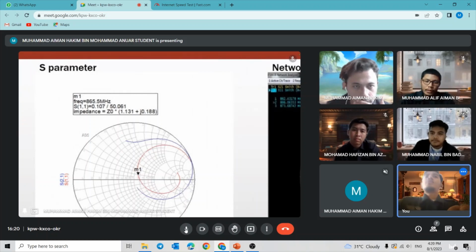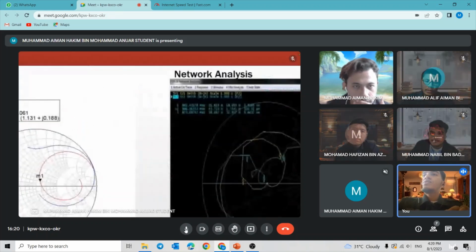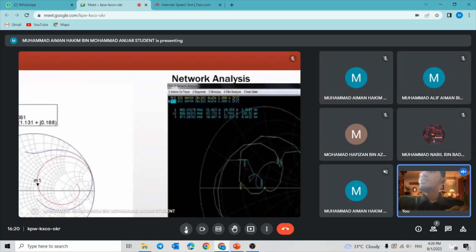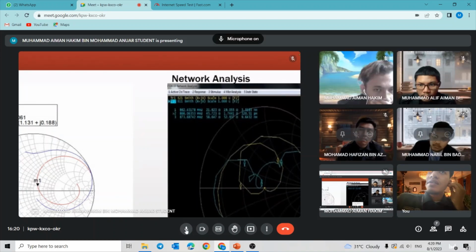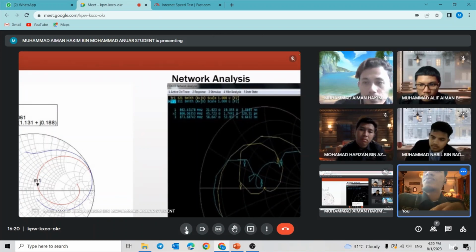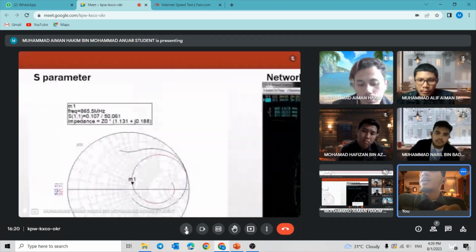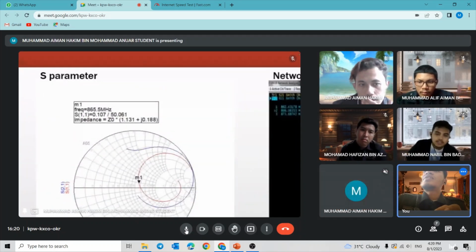The Z naught we are using in ADS is 45.723, and for the lab assignment it is 50.061.